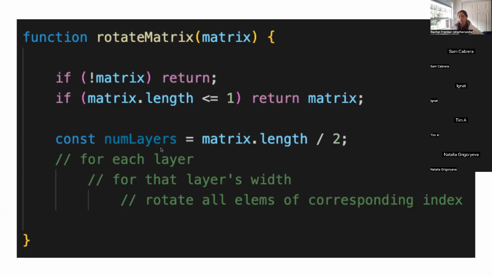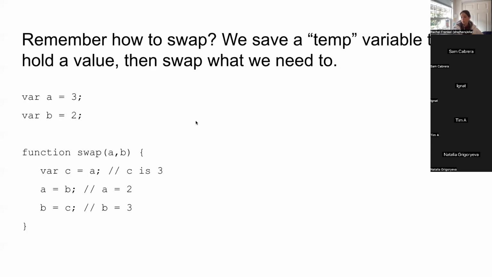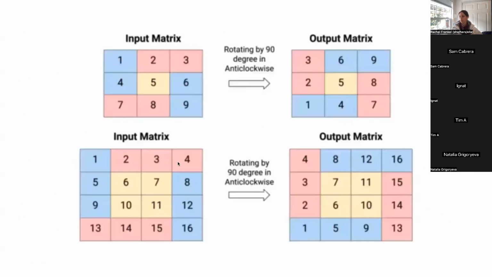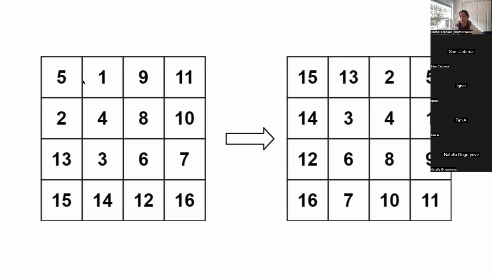Otherwise, we're going to get the number of layers. Remember, this is hard because it's a 3 by 3, but in a 4 by 4 matrix, there's a bunch of different ways to do this. This is the solution that I've written out.